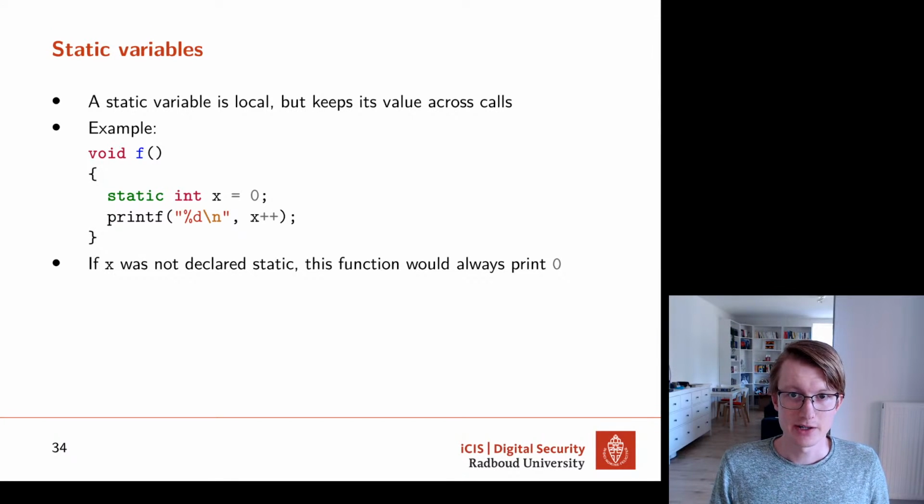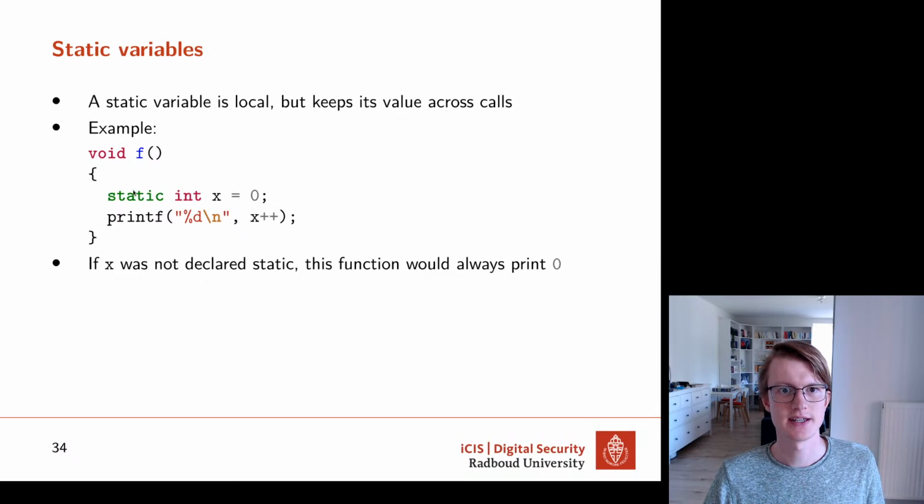Then there's static variables, which is a special type of variable that is local in the sense that it is defined within the scope of this function f, and you cannot access it from outside of f. But it keeps its value across calls, as if it was a global variable. You could get the same behavior by moving it out, prefixing it with the name of f or something like that.